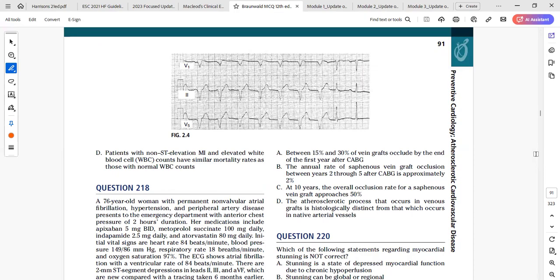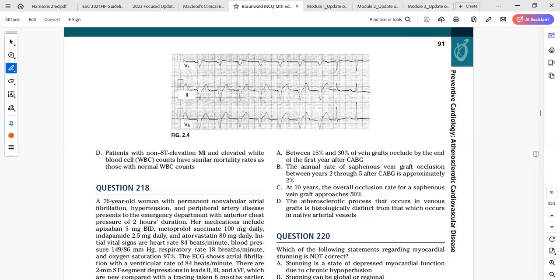B, the annual rate of saphenous vein occlusion between years 2 through 5 after CABG is approximately 2%. C, at 10 years, the overall occlusion rate for a saphenous vein graft approaches 50%. D, the atherosclerotic process that occurs in venous grafts is histologically distinct from that which occurs in native arterial vessels.